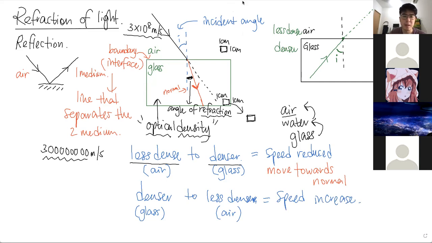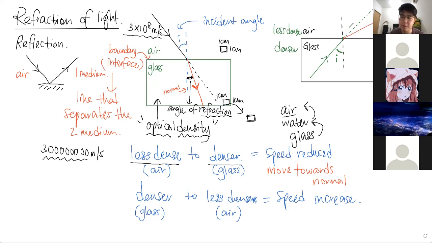Okay, so as the light ray exits the glass block, it will increase in speed. And then as the speed increases, what happens to the light ray? It bends again. It bends, now away from the normal. So it should be on the other side of this actual path.